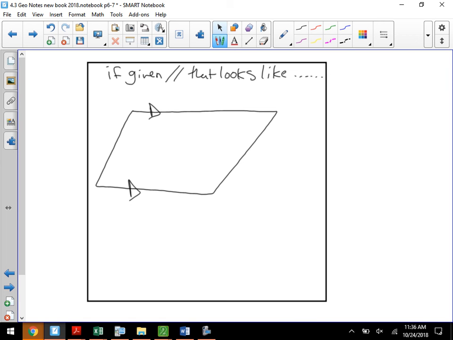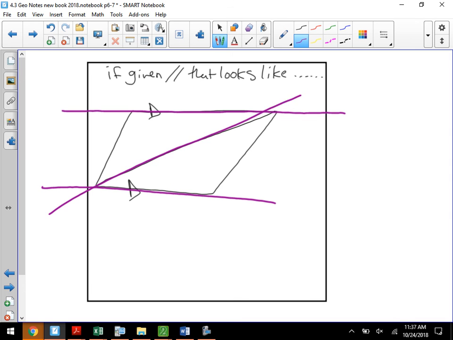And then a lot of times what they do is put a diagonal in. Now, if you were to overdraw this to see what was going on, which you don't really need to, that's two parallel lines cut by a transversal.